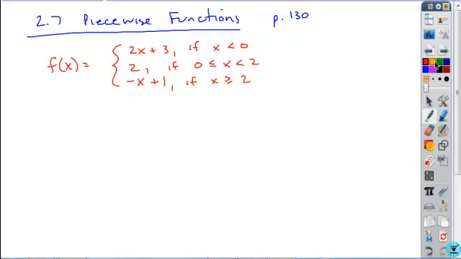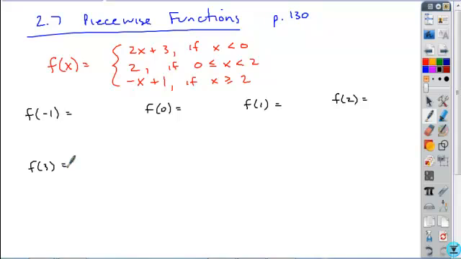And then lastly, you're going to be asked to evaluate it. So they may ask you to solve for f of minus 1, f of 0, f of 1, f of 2, and let's say f of 3.